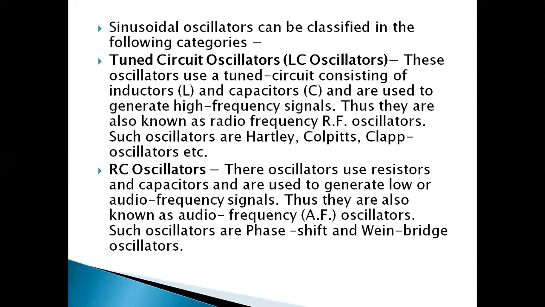The other name for the LC oscillator is RF oscillator, that is, radio frequency oscillator. The examples for the LC oscillators are the Hartley oscillator, Colpitts oscillator, and Clapp oscillator. These oscillators use inductors and capacitors in their circuits.